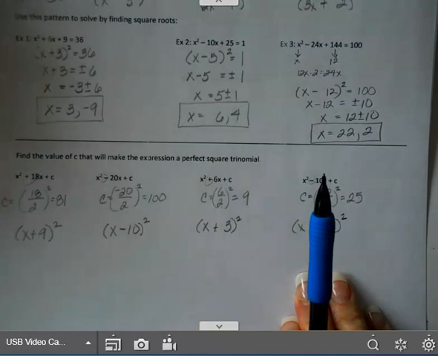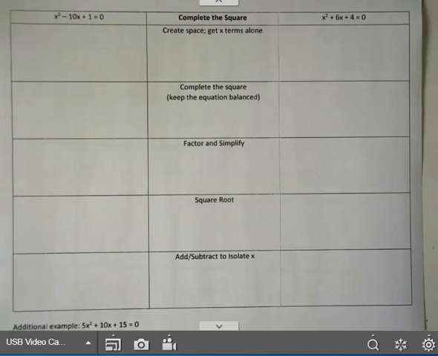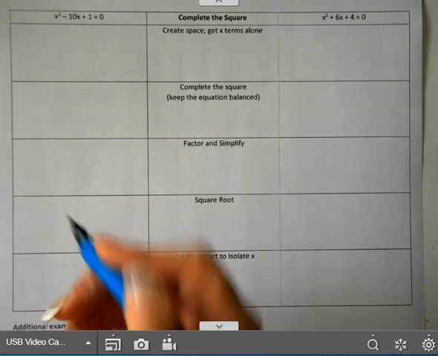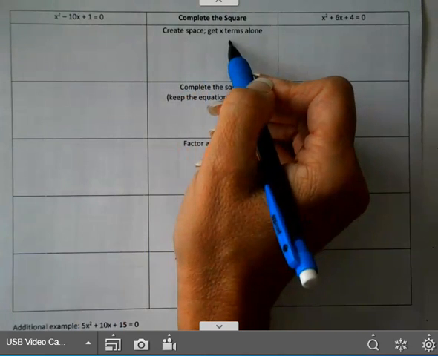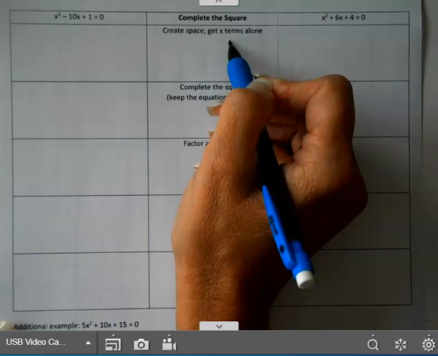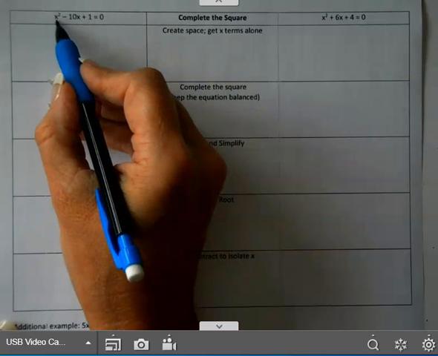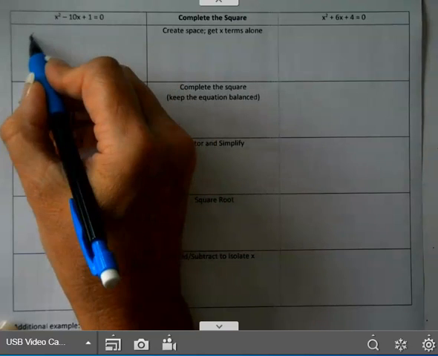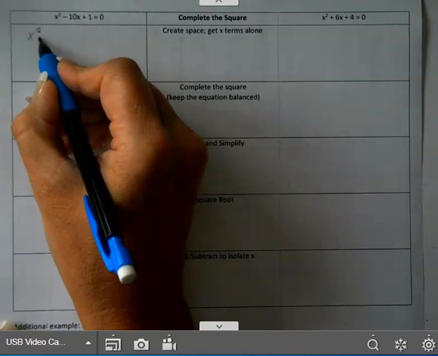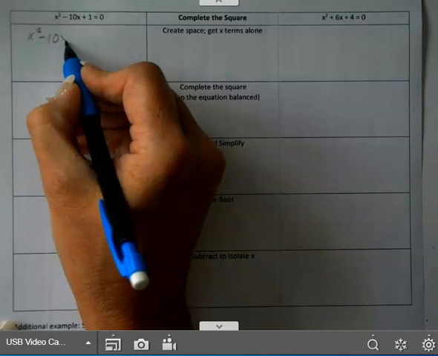Next page. We are ready to complete the square. The first step is to create space and get the x terms alone. So this is x squared, this is a minus 10x. They both have an x term in them. The 1 does not, so I'm going to move that to the other side.